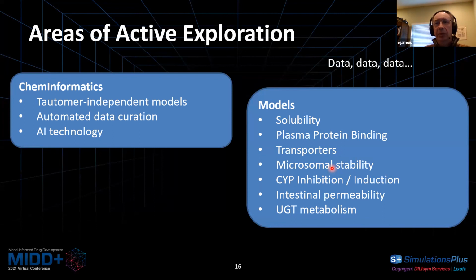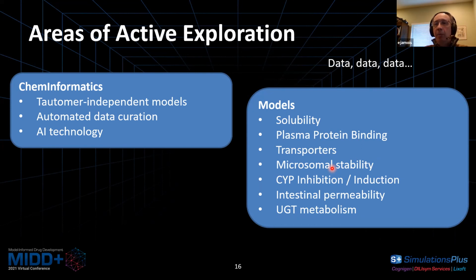It doesn't seem realistic to me, but at least there are ways to red flag outliers and things of that nature. So some form of semi-automated technologies for data curation are, I think, very interesting. And of course, AI technology is still very hot.